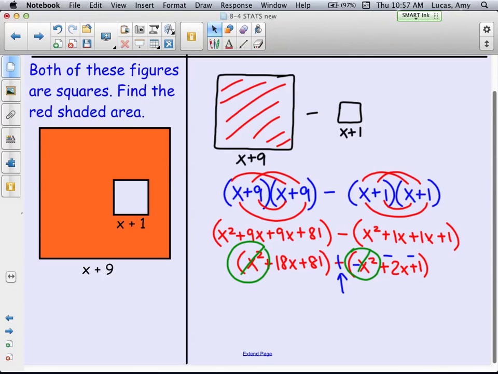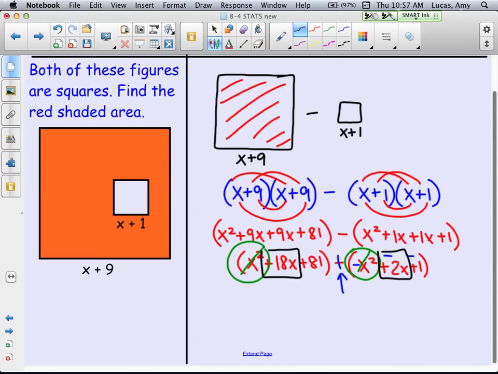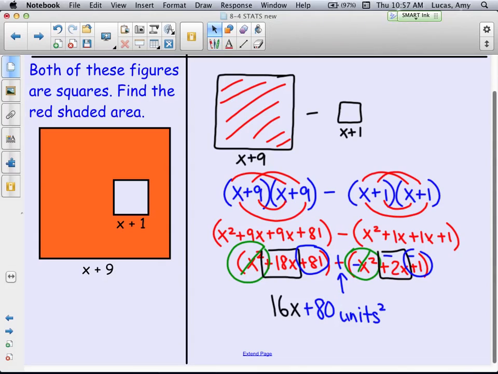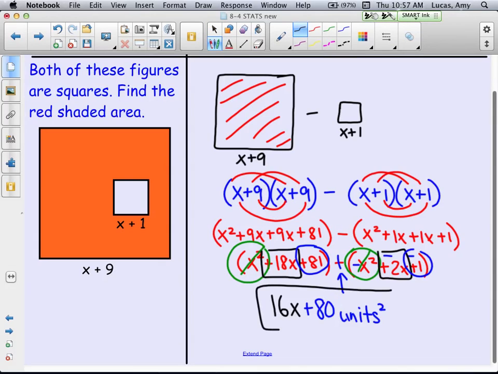So they're gone. Combining 18x and -2x, 18 plus -2 is 16x. And then I've got 81 and -1, so that would give me 80. So my final answer is 16x plus 80 units squared.